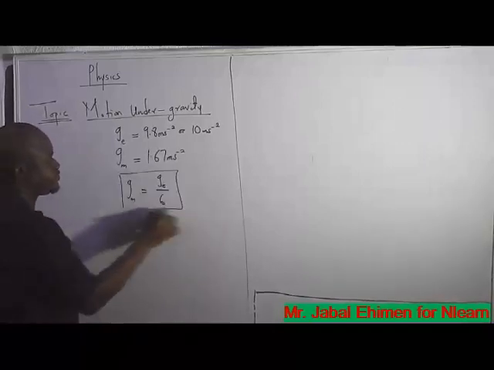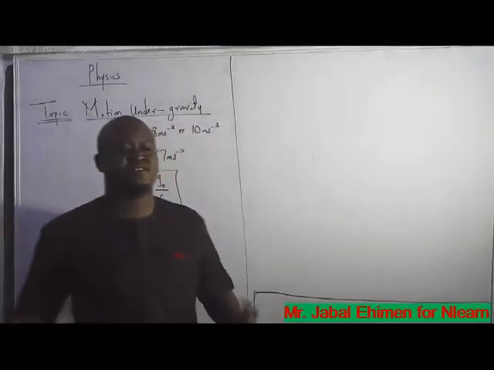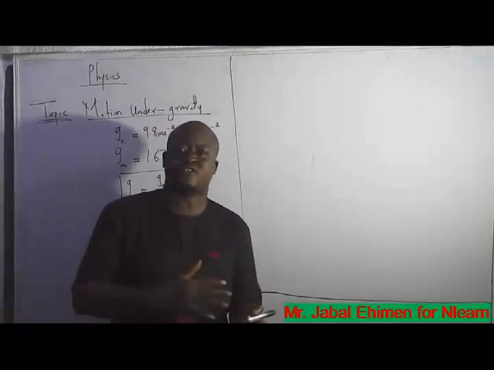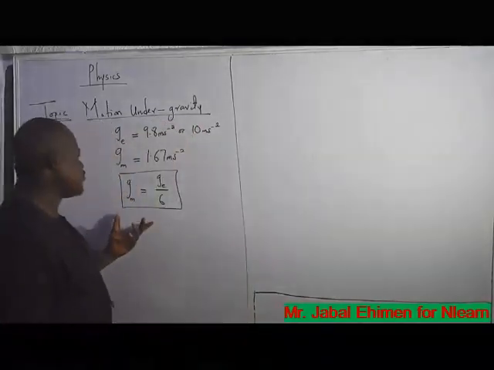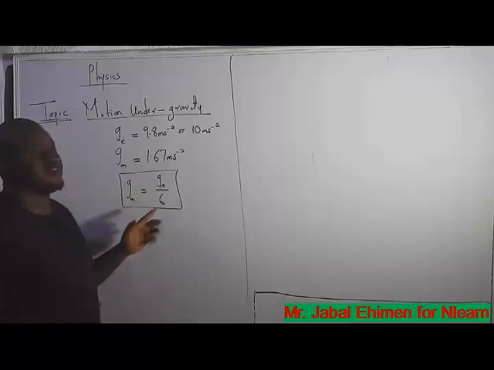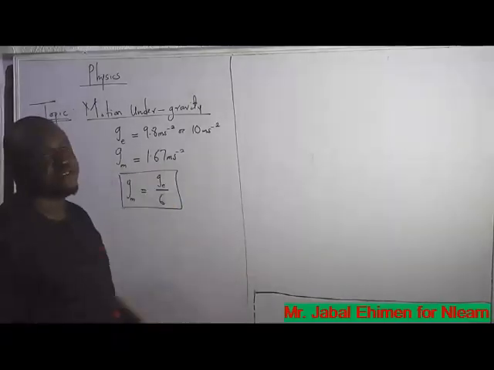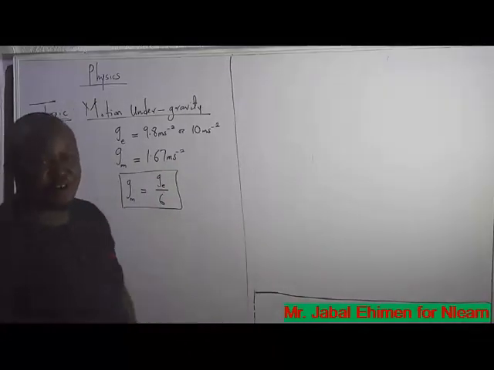So sometimes you can have questions from your post-UME, from your IGCSE, relating gravity on the moon and gravity on Earth. The relationship between them is that gravity on the moon is 1/6 of gravity on Earth, and gravity on Earth is 6 times gravity on the moon.